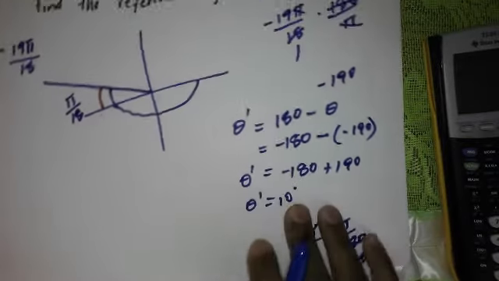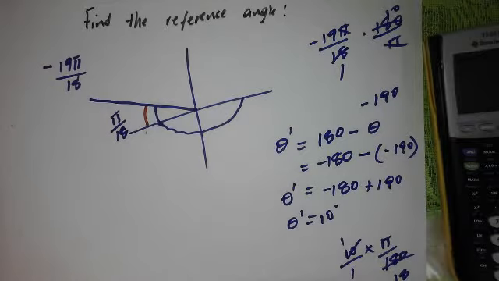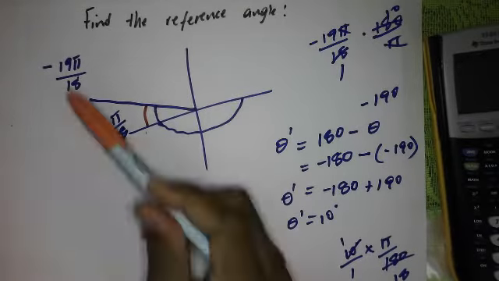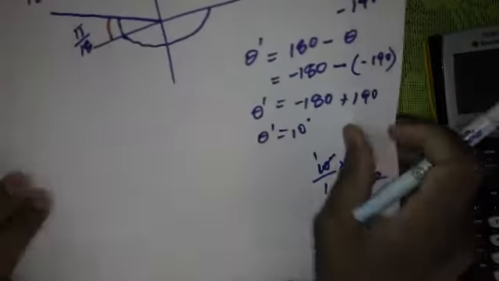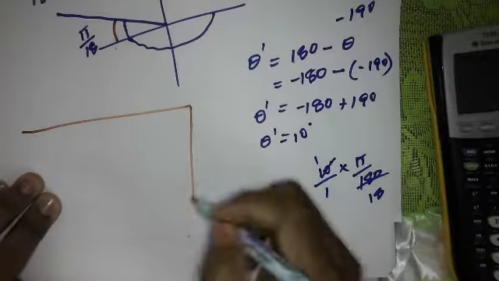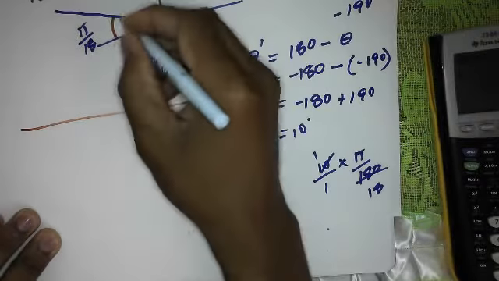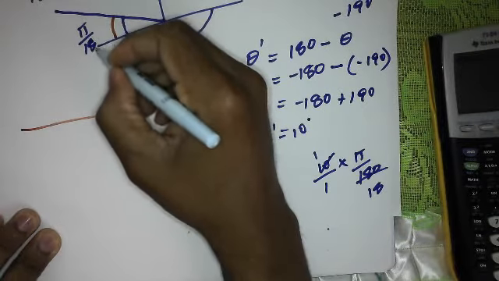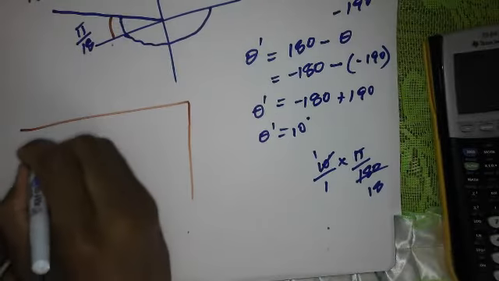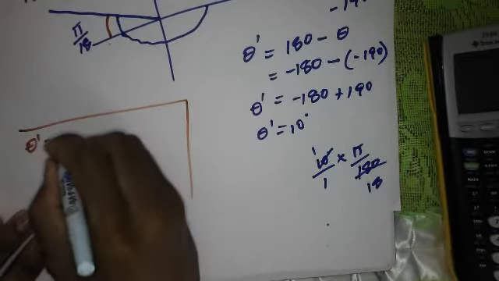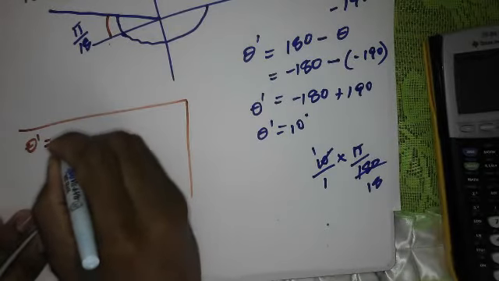Okay, and finally, for those who already know how to work in terms of radian, so this is in terms of degrees. Those who know how to work in terms of radian, here it is. We know that this here would be our negative 19 pi by 18. Okay, so again, since it is in the second quadrant, then our reference angle would be 180, which would be pi.